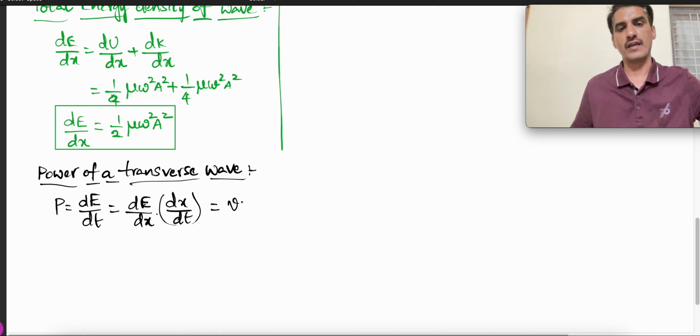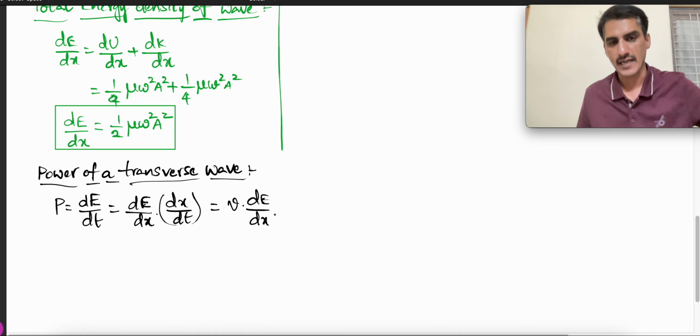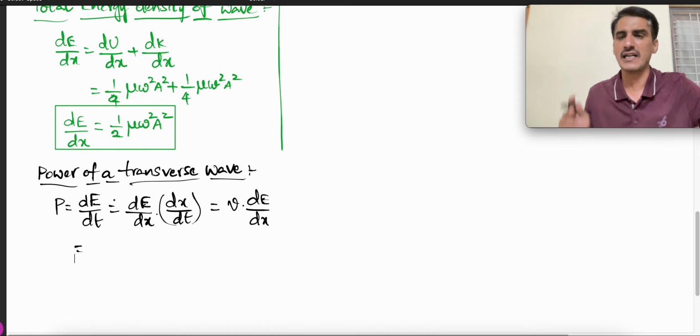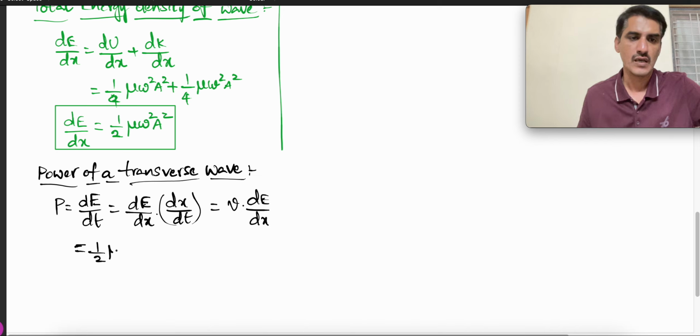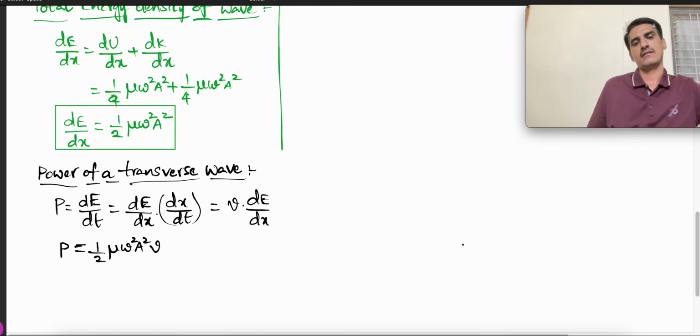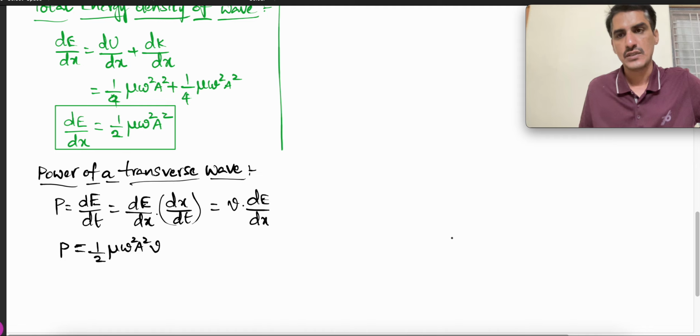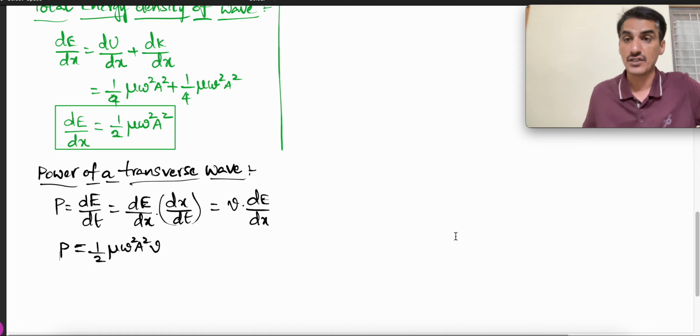So therefore V into dE by dx I can write. Am I right or not? Very simple. We need to multiply the total dE by dx value with V. That's it. Therefore dE by dx is equal to half into mu omega square a square into V. This is power, the instantaneous power at that instant of time.